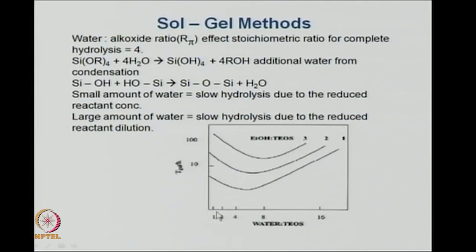At very low concentration of water, you have a reasonable time, and at a very large amount of water, this is reversed. So, there is some optimal water to silane concentration, where this comes to a minimum.